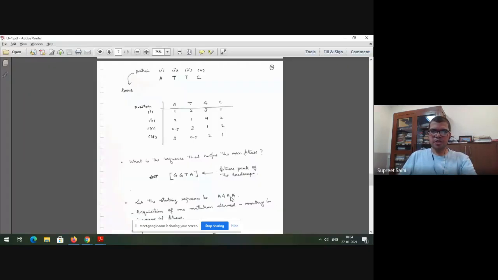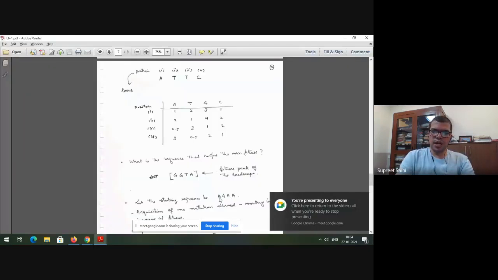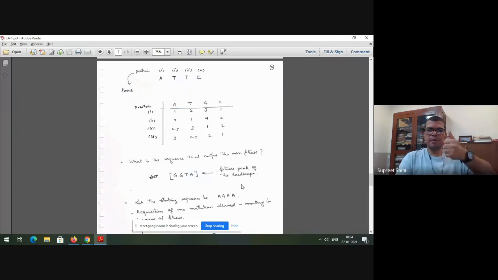In a map such as the one that we have discussed, you start with any sequence, you pick up one mutation, you move up in fitness. You pick up another mutation. What I'm trying to say is, you start with any sequence, there is always at least one mutation available which would increase your fitness.